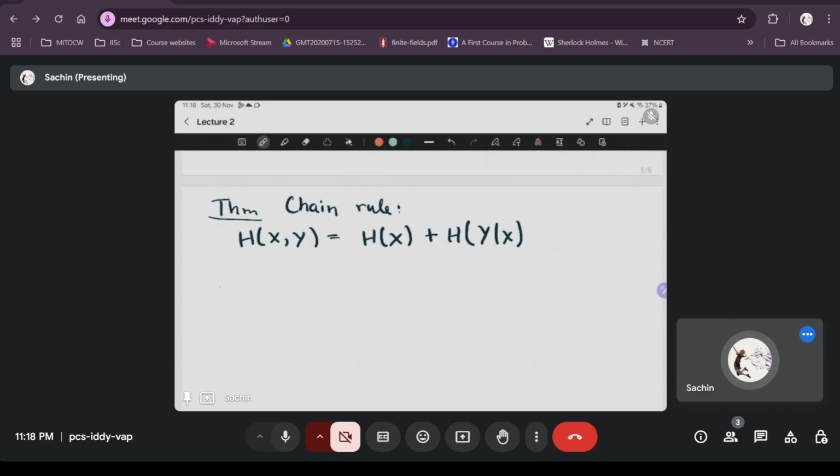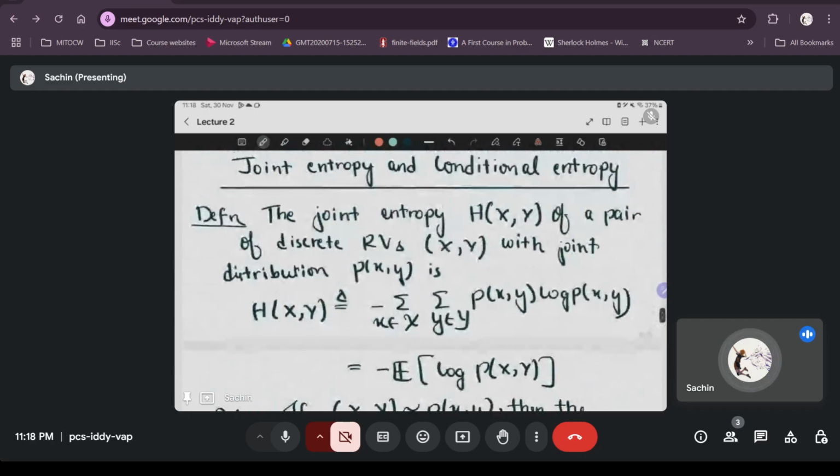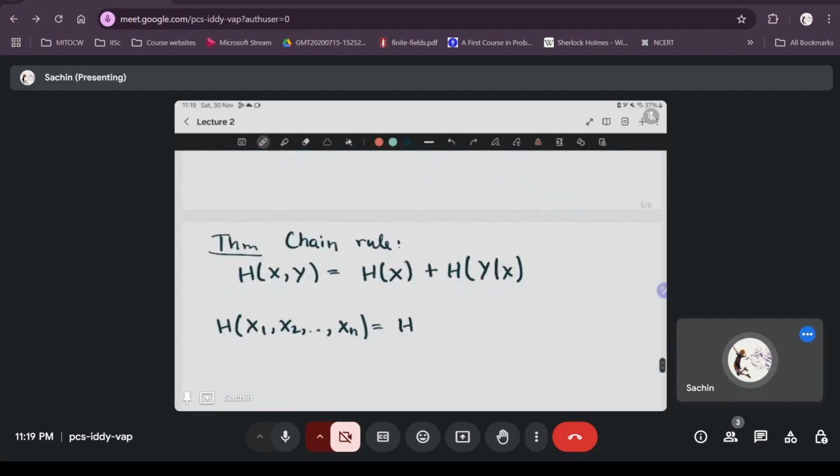And then if you have a sequence of random variables x1, x2, all discrete, n random variables, you can use a similar argument. It's just that when you're proving all these things, you have to be careful over what you're summing over, right? Here you are summing over all x's, you are summing over all y's. This is defined over all x y. So as long as you're careful over what terms you can take out of the summation, you can prove all these things quite easily.